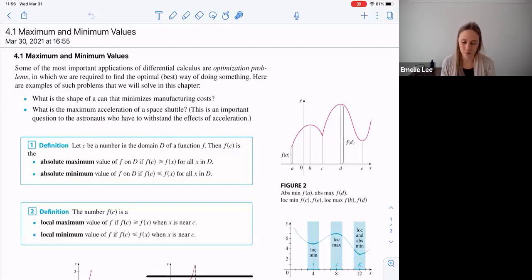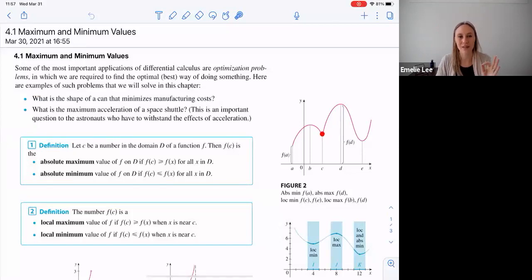Okay? And what we get is we could have a graph that looks like this. What we need to be able to do is differentiate, haha, pun intended, I guess, not really. We're going to have what we call absolute maximums and absolute minimums. Overall, these are the absolute maximum and minimum points. But then we're also going to have local minimums.